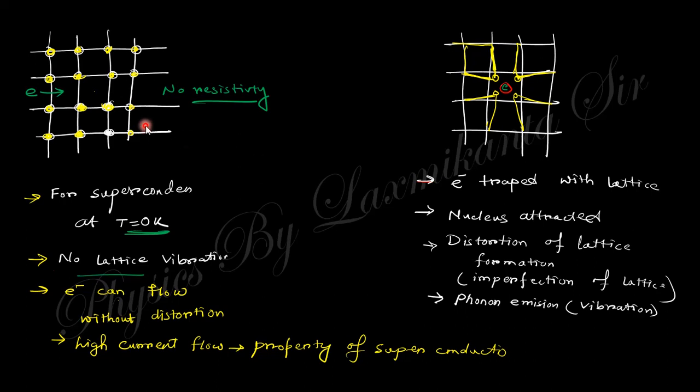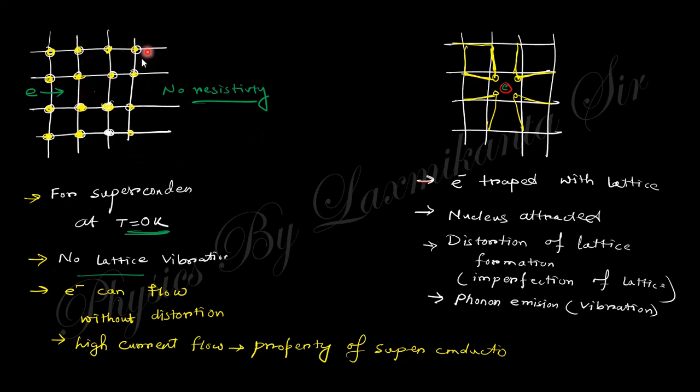But what happens when an electron moves in this region of the superconductor? In a certain region the electron is trapped. How? There are all positive ions, and this is an electron, so they are attracted. So they make distortion in the lattice.